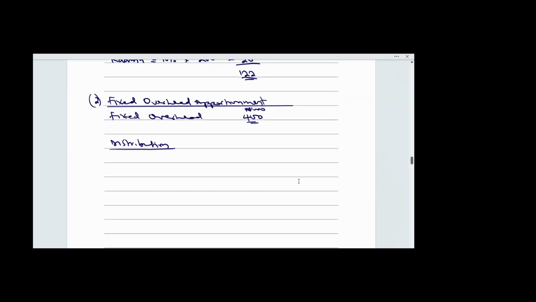So we need to distribute this. All right. So we are using the number of units as the basis of distribution.